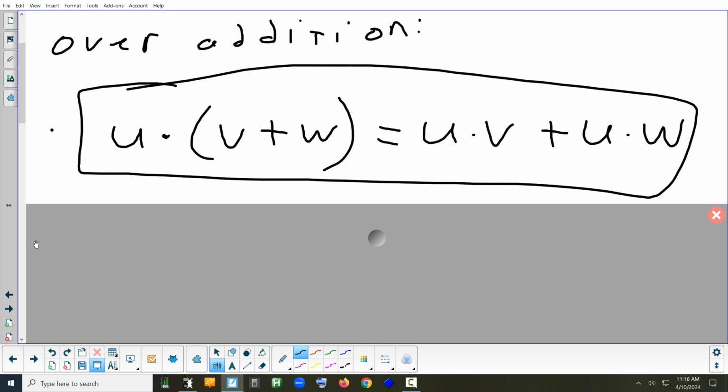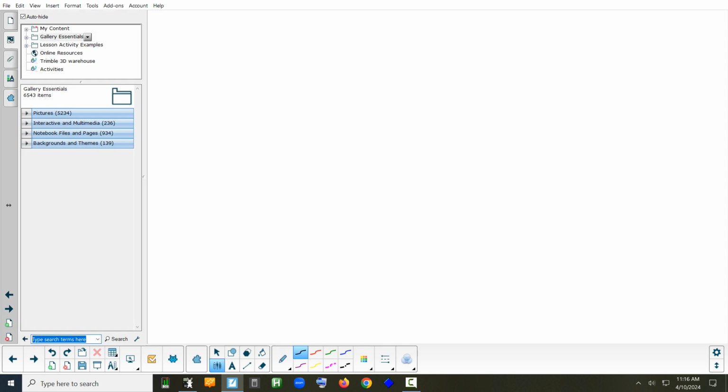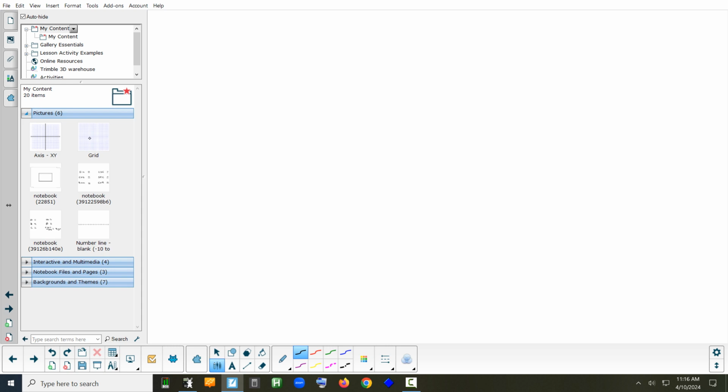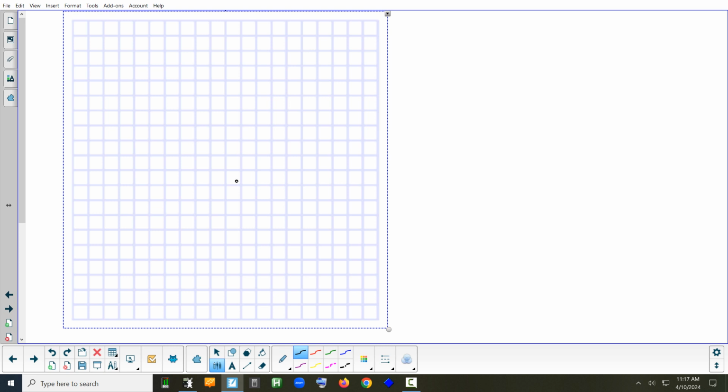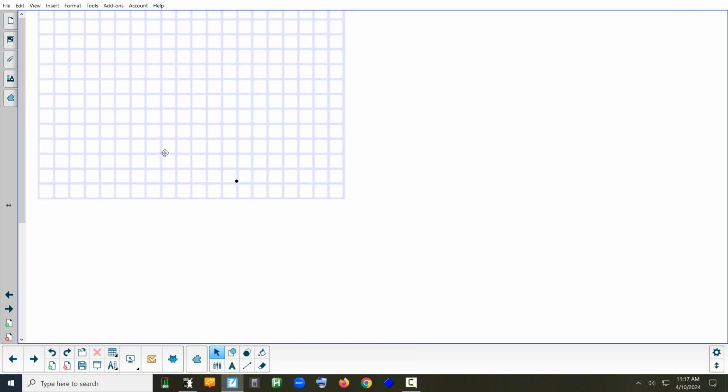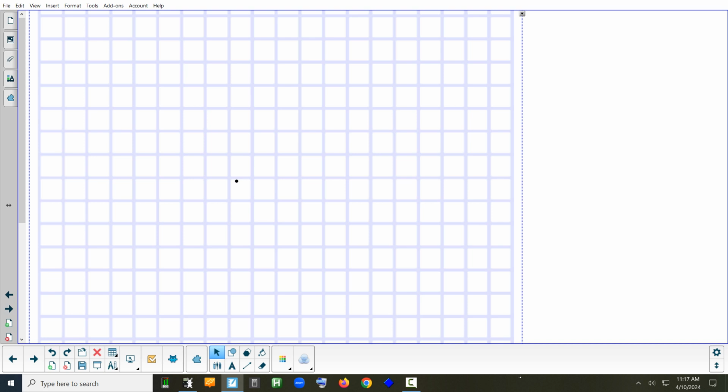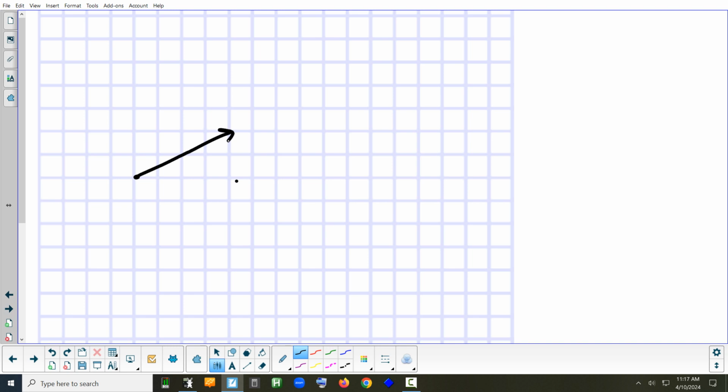Let me pull up a grid and show you something. Let's make that grid a little bigger. Let me draw two vectors. I got a vector like that, and another vector like that.